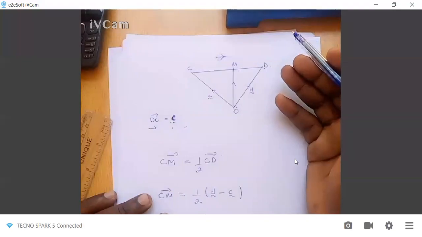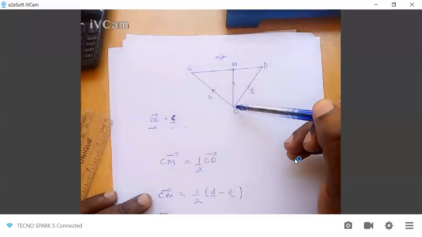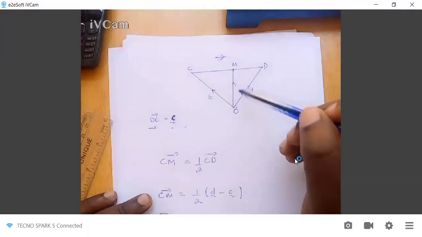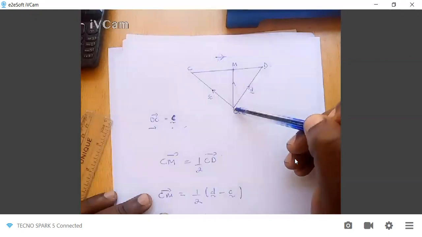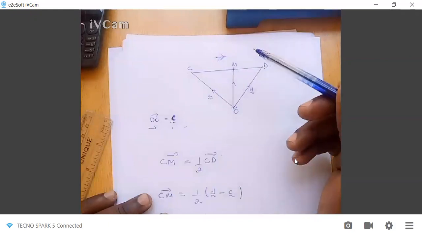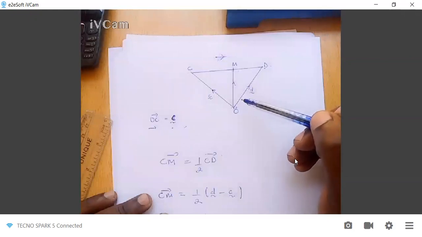Members, are we together? Which other directions do you take if you are starting from O and you want to end at M without moving straight away? So there are two directions, isn't it?